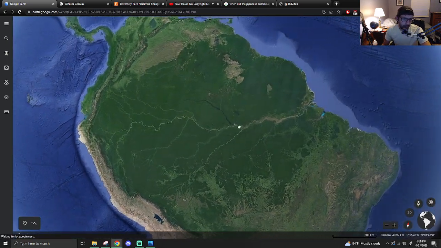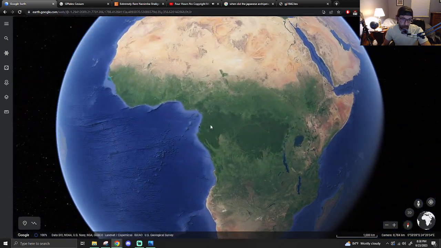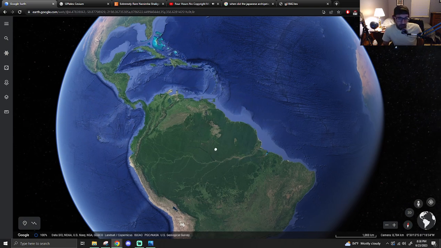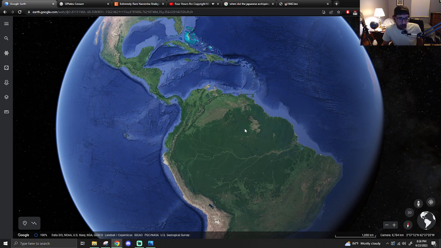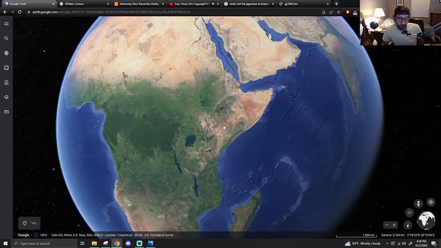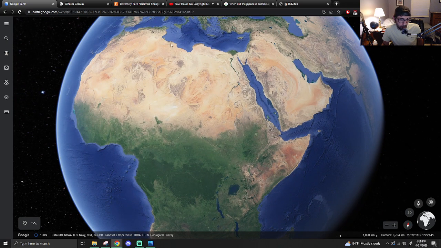Like all the Amazon, Congo, I don't know what to make of those terrains. They must have just had less turbulent, more laminar water, like more like a basin holding water than other regions where it's really turbulent, etching the surface and depositing all sorts of material wherever there and there.